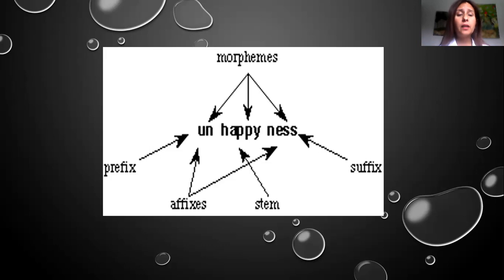And then you have the affixes. They could be some letters that are at the beginning of the word or at the end of the word. These affixes are divided into prefixes, as you say, pre, at the beginning of the word, and suffixes, at the end of the word.